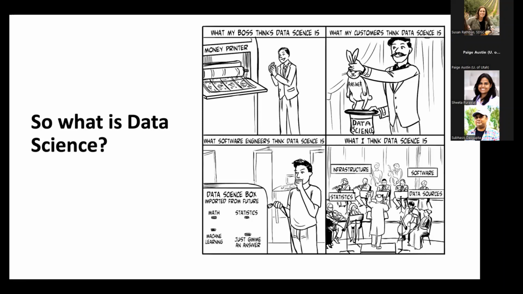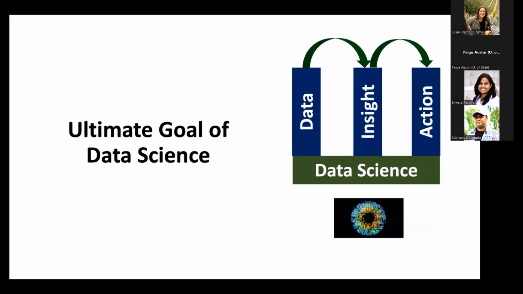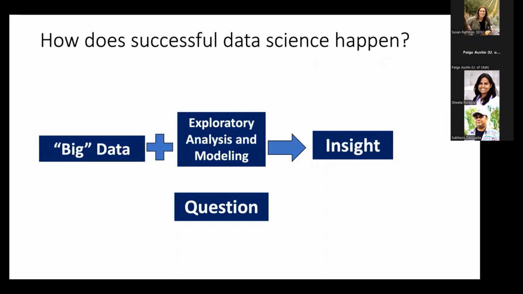Let's go a little bit deeper into data science. So we have already heard this definition, that data science is to get insights from data and put them into action. This is how data science is generally defined. Let's see how we do successful data science.